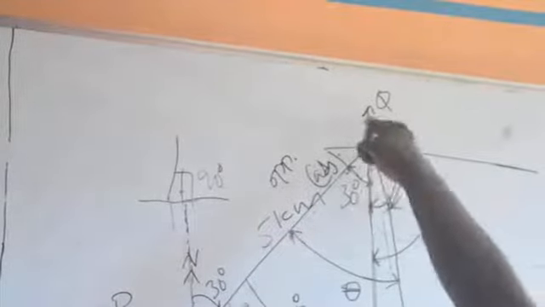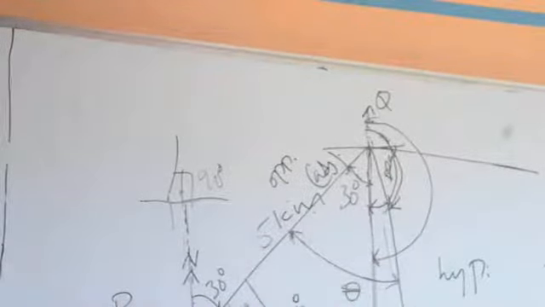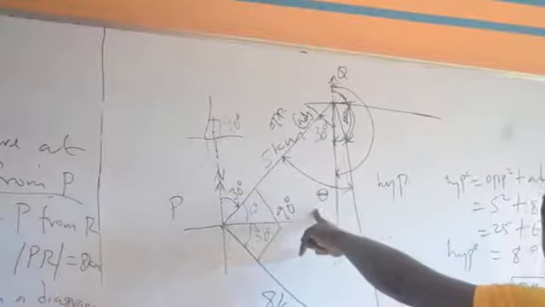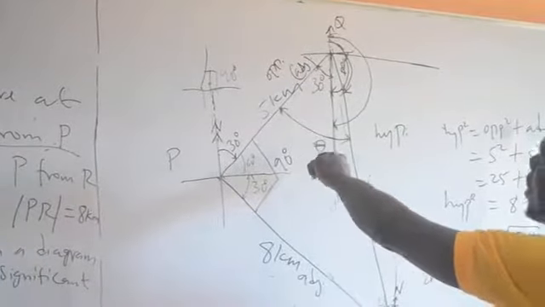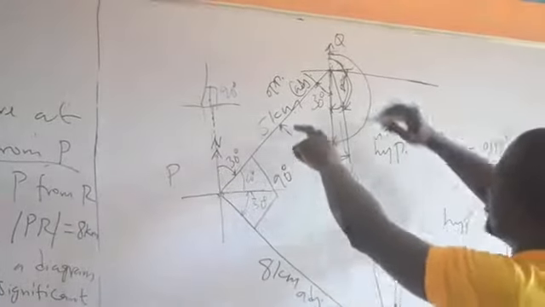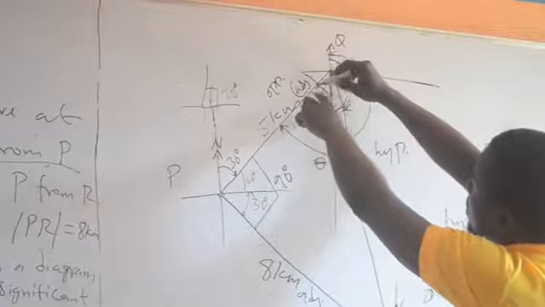Theta is already 57.99 degrees, and this place is 30.